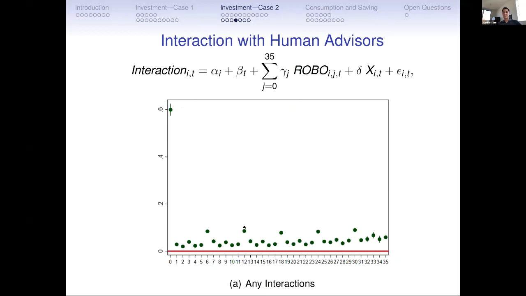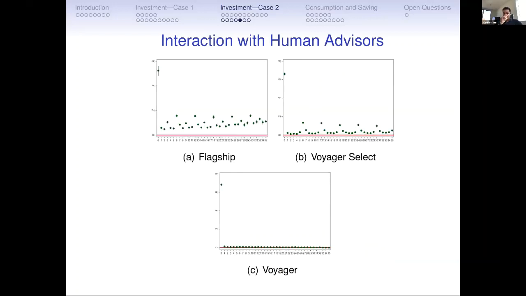You see that you have some cyclicality, and this is because the human advisor reaches out to the individuals periodically to understand whether they are liking the portfolio allocation they have and whether they need additional services. But this is the interaction between customers and their advisors depending on the level of wealth. So flagship are individuals that have more than $1.5 million in assets under management.